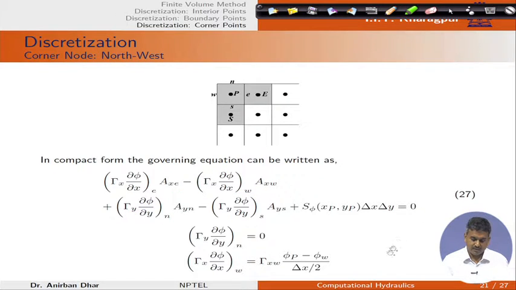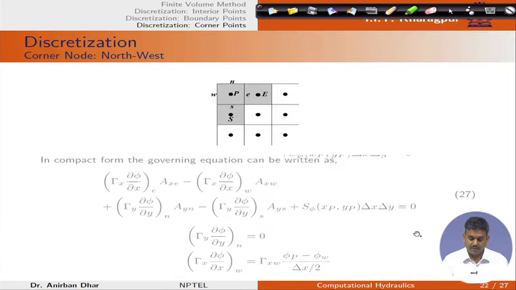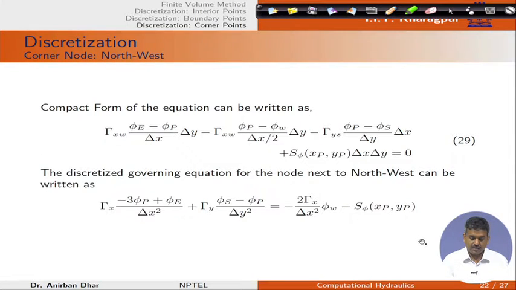So, with this we can change the derivative and we can get the final form of the equation. As phi w is known, so we need to write that phi w value related term on the right hand side.